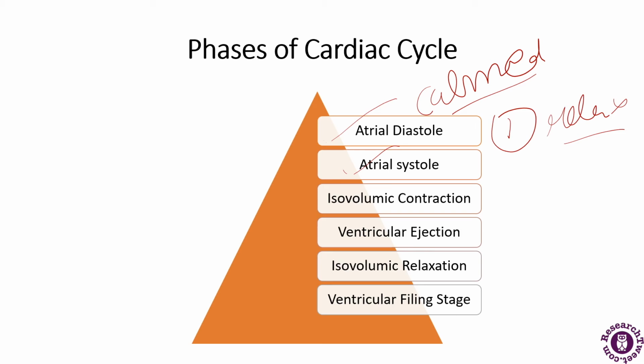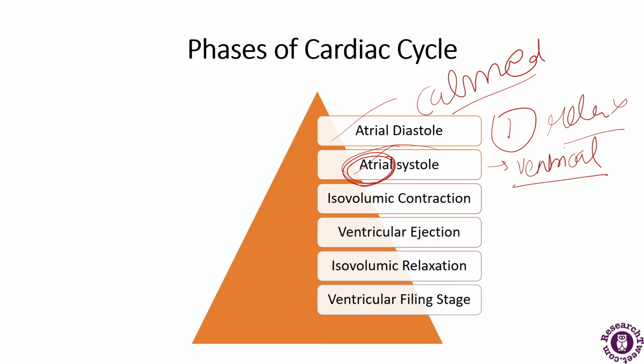Next is the systole, that is the atrial systole. At this phase, the blood flows from the atrium to the ventricles, and at this period the atrium contracts.